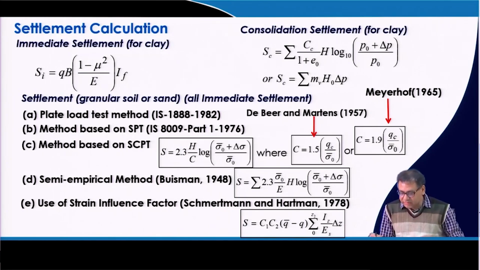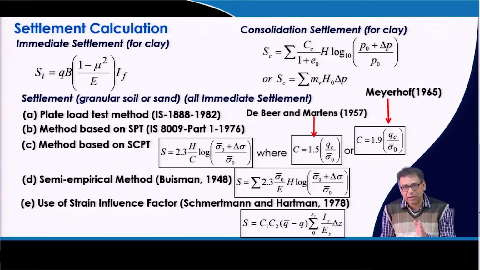So, now this is the typical chart, or slide, where I have given almost all the important methods that are used to determine the settlement of clay soil as well as granular soil, and I will discuss all these methods. Okay. So, the immediate settlement for clay I can calculate using this equation.